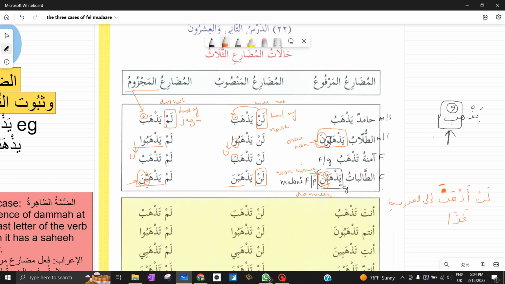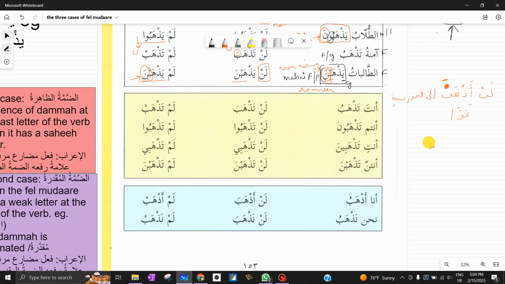Lam tazhabna. Now this rule is only for feminine plural. The rule for afalul khamsa is the deletion of the noon, or in Arabic we say hazfan noon, which means to remove the noon. So I think this is clear for you now.